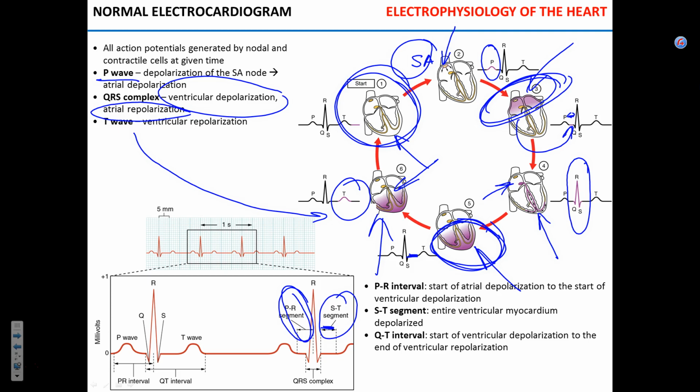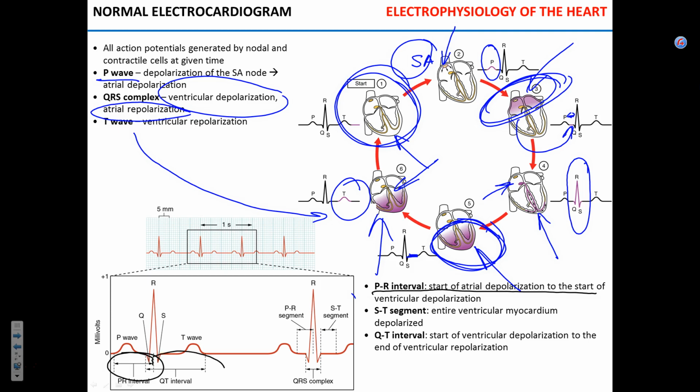Now, intervals. So PR interval shows you the time from the start of atrial depolarization to the start of ventricular depolarization.